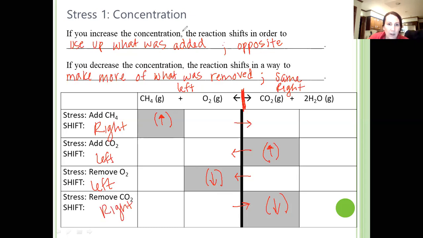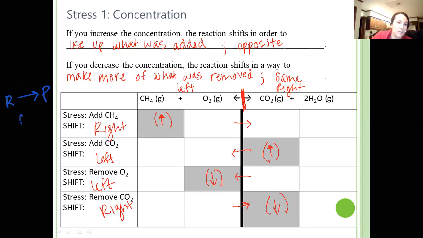Okay, so the next thing is, what do we do with all these extra boxes? Okay, so if I'm shifting to the right, I have reactants and products. This is a right-hand shift.